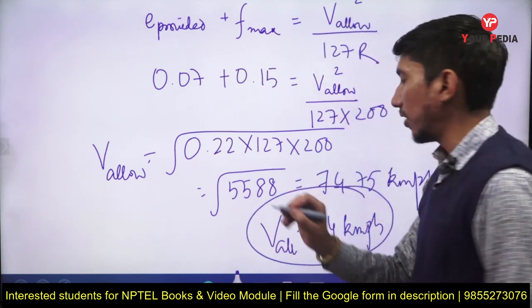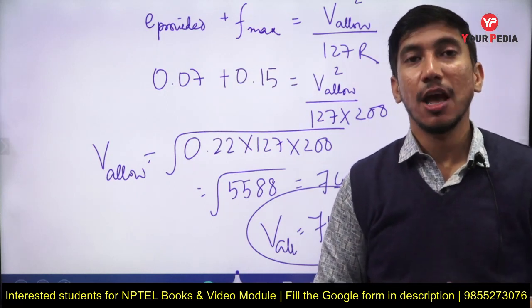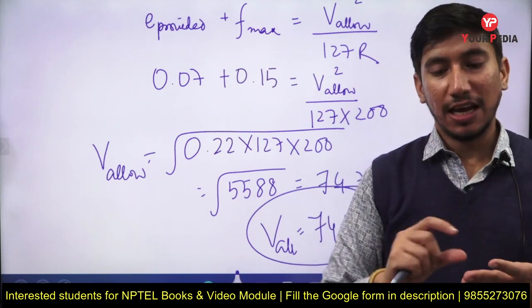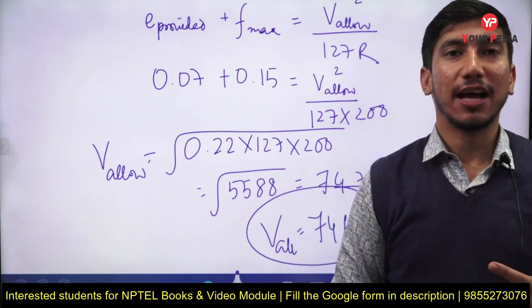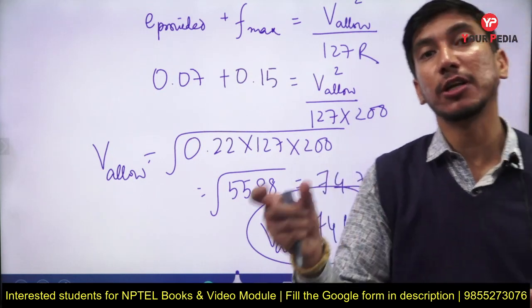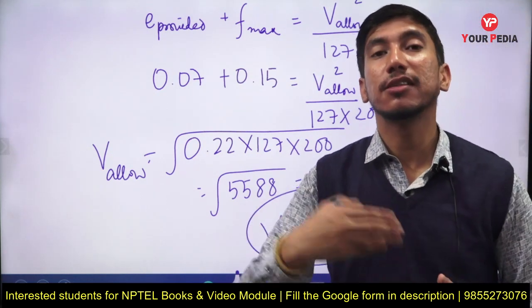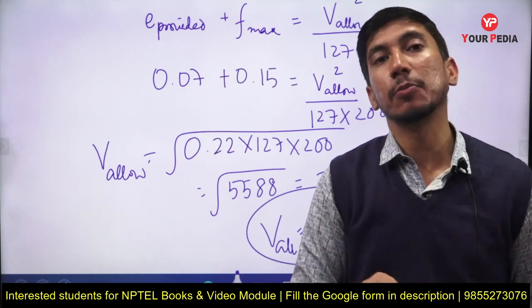So as you saw in this particular example, the design speed of the road was 80 km per hour. But in order to allow that 80 km per hour on the horizontal curve, we must have provided the super elevation equal to 14%, which is not possible because it is greater than the maximum value. So we have to limit our super elevation as 7% only.